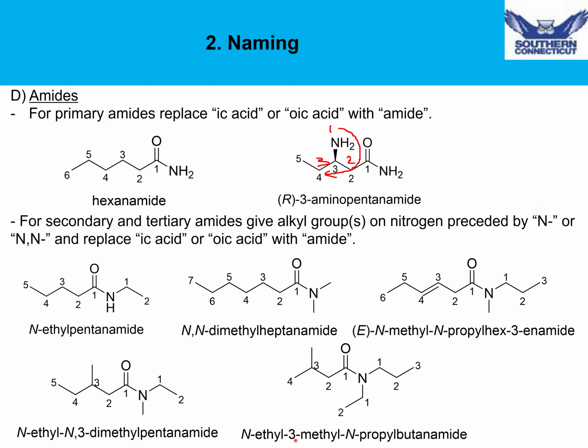We also have a methyl substituent on carbon 3. And then we have a propyl group on the nitrogen as well. So notice we alphabetize the 3 substituents, whether they are on the nitrogen or somewhere on the parent chain. It does not matter. We alphabetize them and treat them the same way. Lastly, we have 4 carbons in the parent chain, so this is a butanamide.